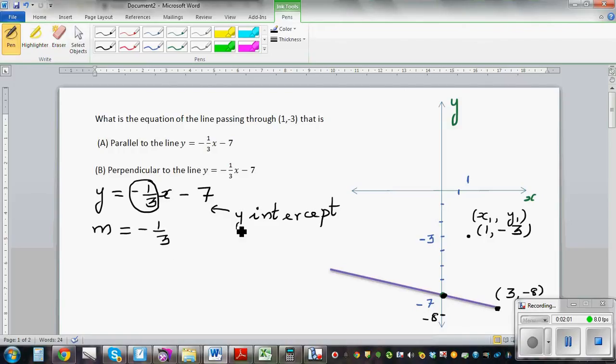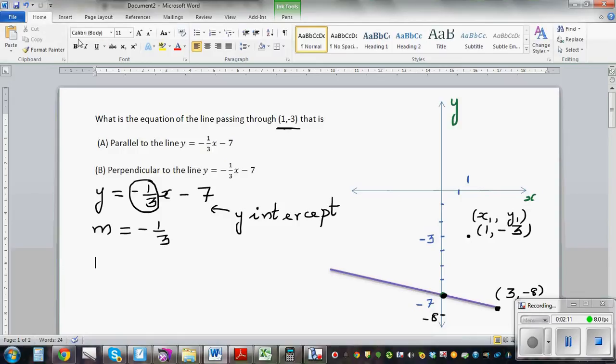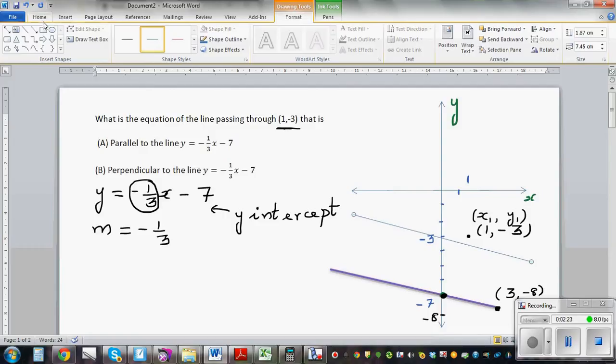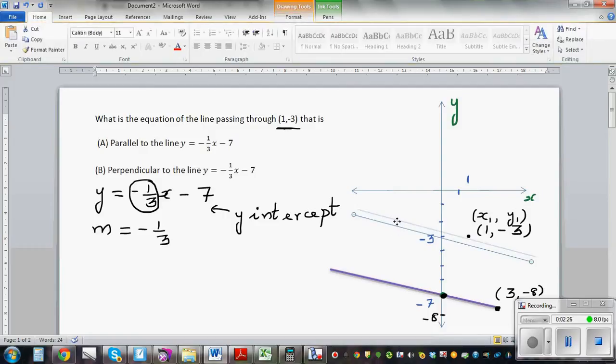Now that's not the focus. So the question is, you want to draw a line which is passing through this point and parallel to this. Let me draw it so that you understand visually. For some people, it is good to understand visually. So let me draw a line which looks parallel, and let me drag it.